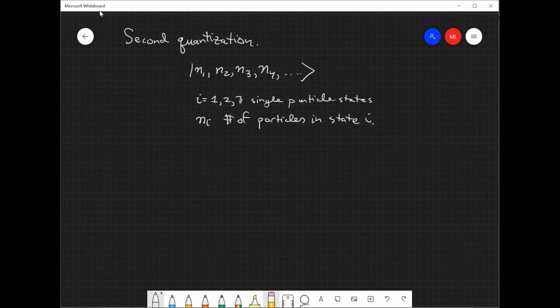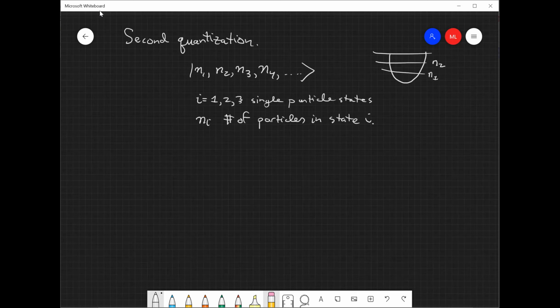But for most of these states, you're going to have zeros everywhere, because you have to list all of the possible single particle states. So this is like an infinitely sized ket, right? Like if you have particles in a harmonic potential, then you'd have to specify how many particles are in each energy level of the harmonic oscillator. And there's an infinite number of those. So you'd have to tell me how many are in the ground state, how many are in the first excited state.